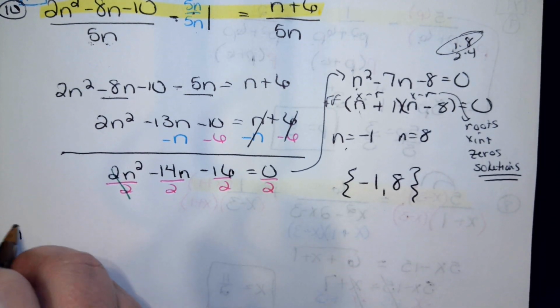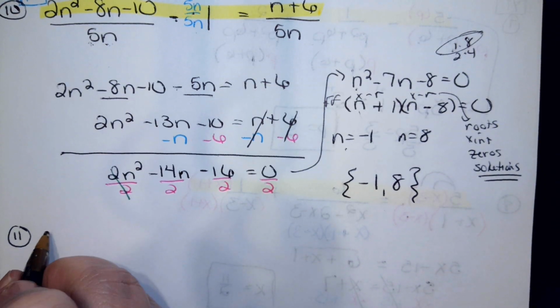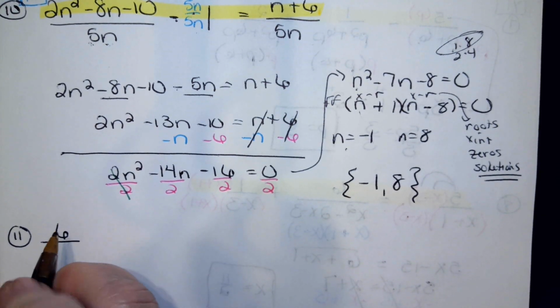All right. And finally, for our last one. Now this is the doozy. It's going to look nice and simple, but it is the doozy. So make sure you notice how I space the problem when I write it down.